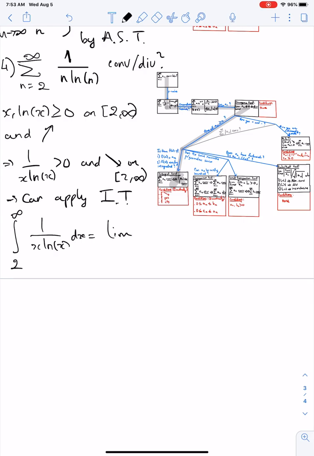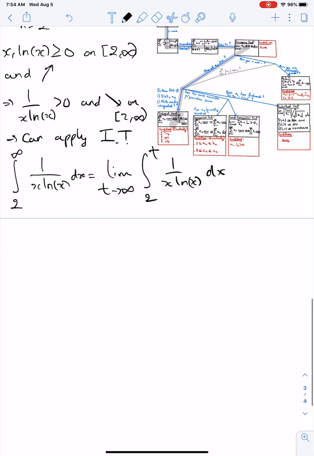Now this equals the limit as t approaches infinity of the integral from 2 to t of 1 over x ln x. If you let u be ln x, it's going to unravel the whole thing, and you get the limit as t approaches infinity of ln of the absolute value of ln x from 2 to t.